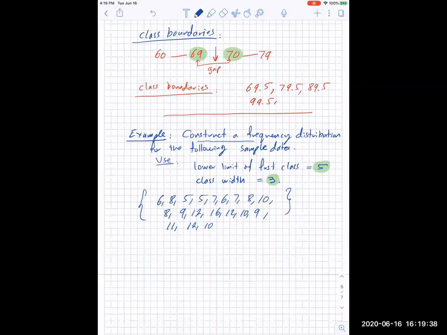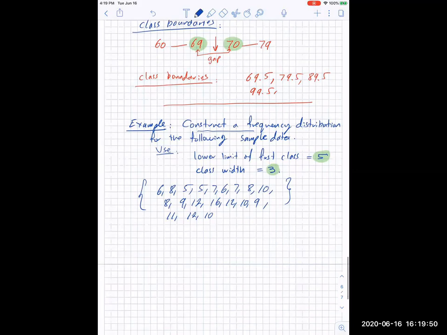If I leave those numbers up to you, then each one of us will come up with a different table. So I'm putting a guideline here: I want the table to begin with 5, and I want the class width to be 3. So these will be given. Okay, thank you. Yes.